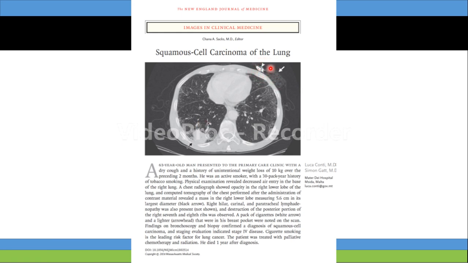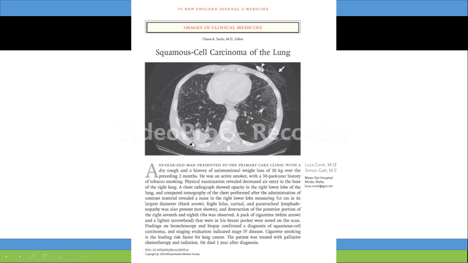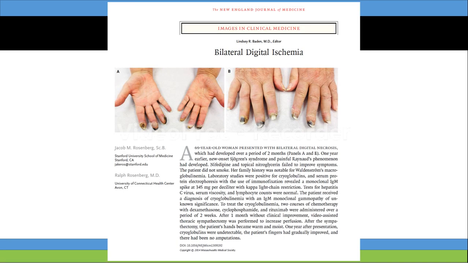This is a case report of a squamous cell carcinoma in which, when they took the CT scan, the patient had the cigarettes and the lighter inside his pocket, and this also came up on the CT scan. Again, an interesting thing, but it was worth reporting, and it was published in NEJM.